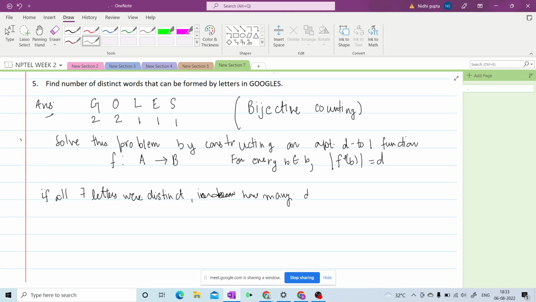Can anyone tell? 7 factorial. Very good. I think everyone agrees. Why is it 7 factorial? Because we have 7 letters, all distinct. So 7 options for the first one, 6 options for the second one, and so on, and this is just 7 factorial.